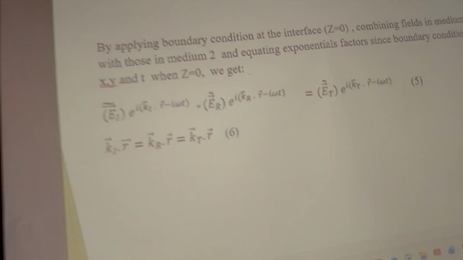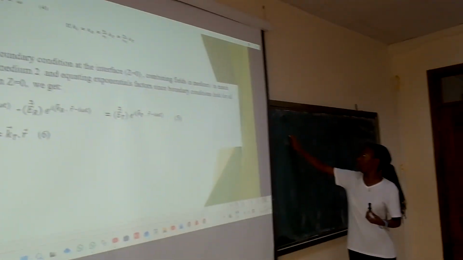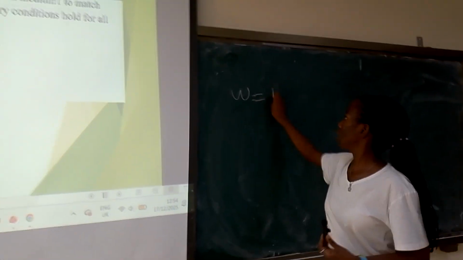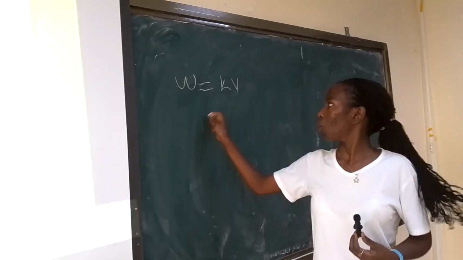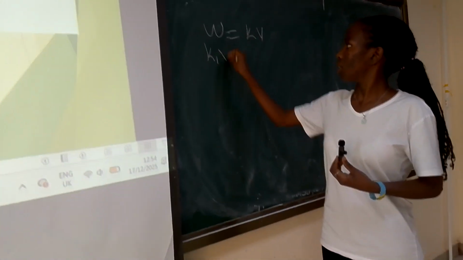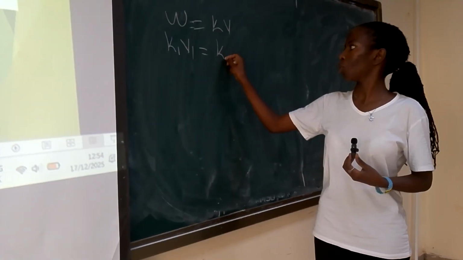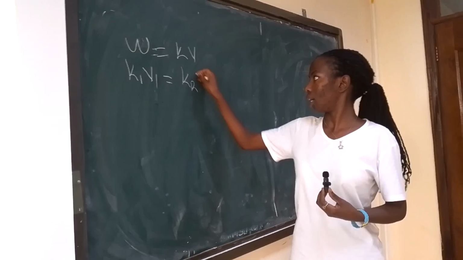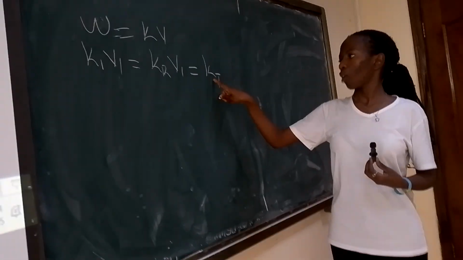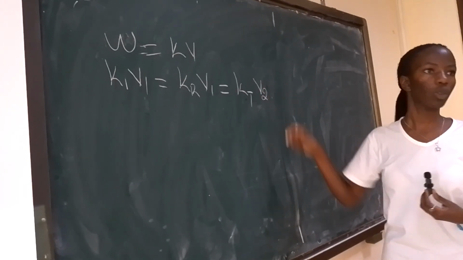By observing those waves, you have seen that all waves have the same angular frequency, which is given by K and V. For medium 1, this is K for incident, and this is V representing the speed of light in medium 1, which is equal to K, the wave number for reflected, which is also in medium 1, which is equal to the wave number for transmitted and V for transmitted, which is V2 in medium 2.